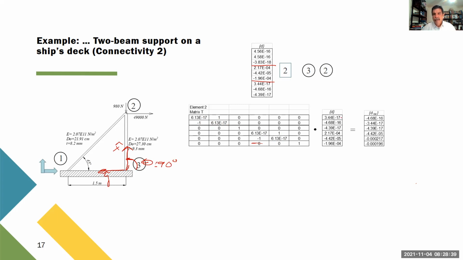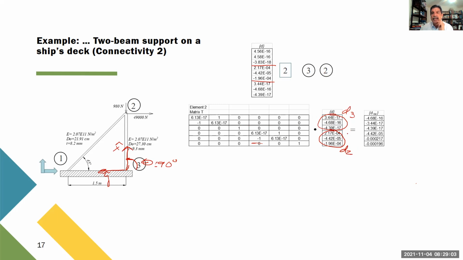So we have this, the displacement of the third joint, because this is the first joint of this element, and this is the second, which is D2.